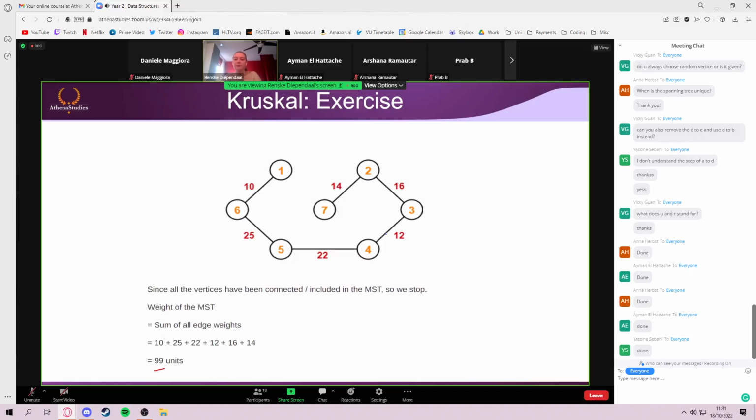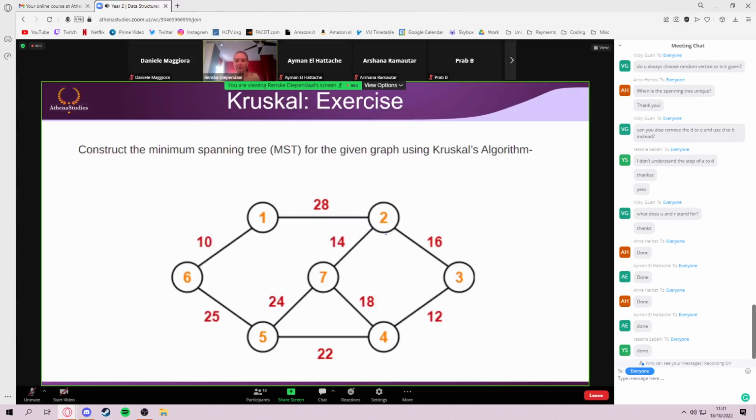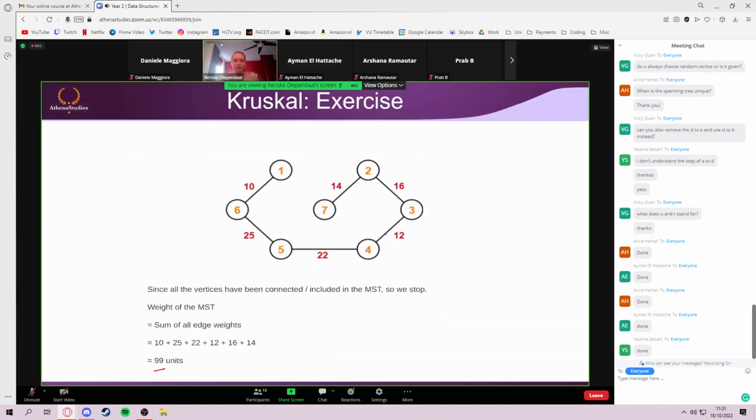Let me see, are there any edges with the same weight? No, this should be pretty much deterministic. There are no edges with the same weights, so you should not be able to have picked something else. So this should be the answer.